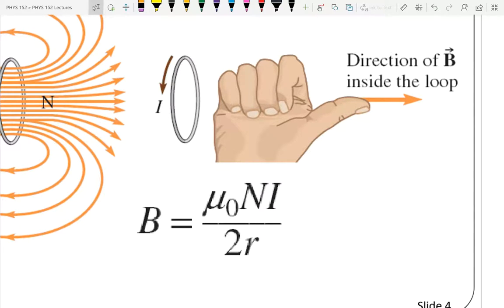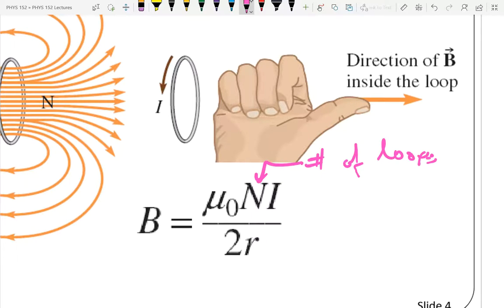Now, what's the strength of the magnetic field inside of that loop? Well, it's not exactly the same as what it was for a wire, but it looks very similar. It's mu naught, the permeability of free space, times N. N is the number of loops.